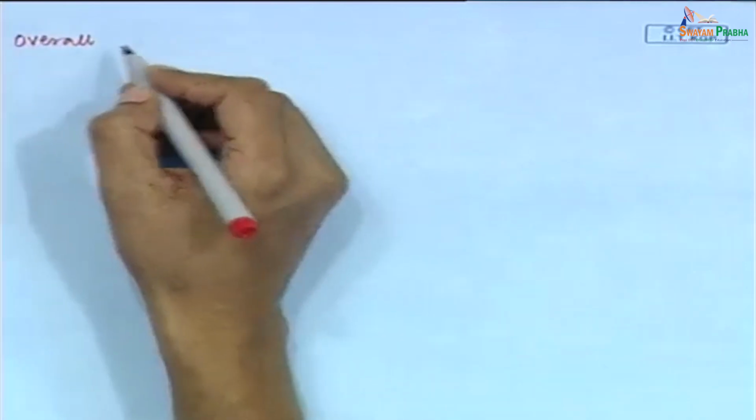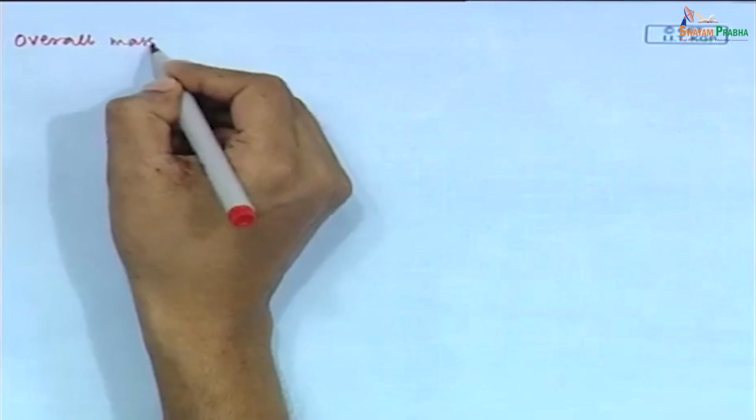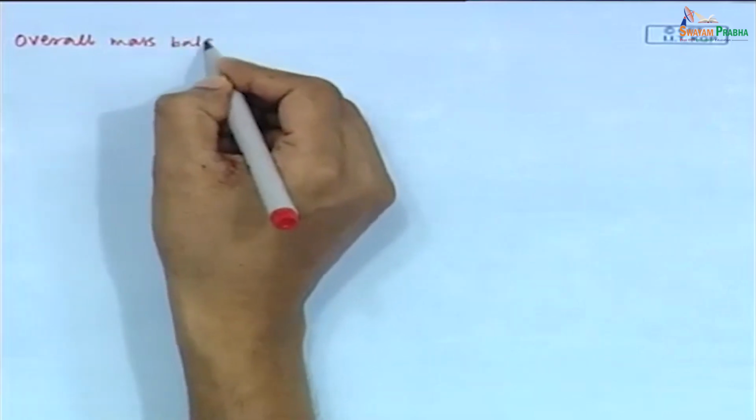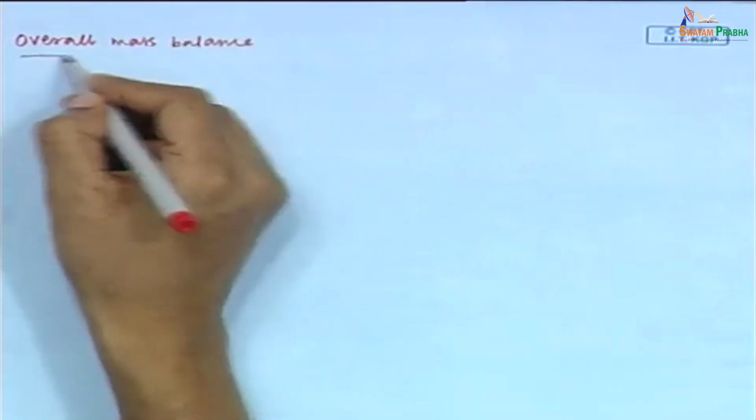Now first we will go for the overall mass balance. To develop the overall mass balance of this CSTR system, we need the conservation of mass.